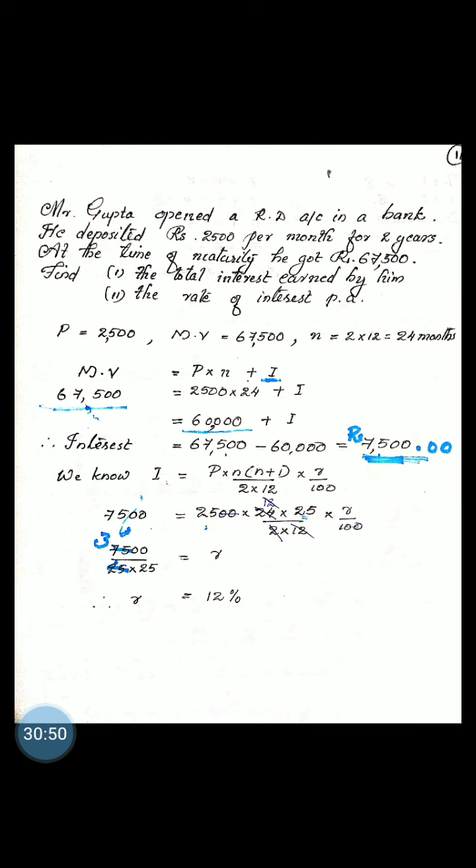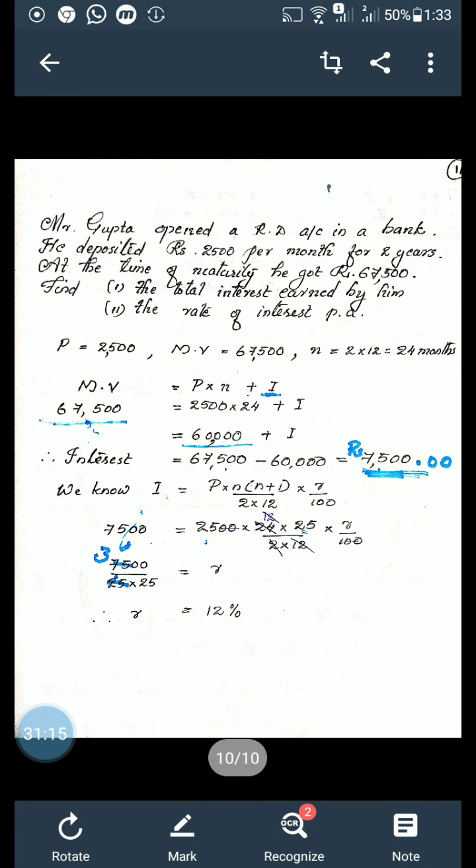Then in that question we want to find the rate of interest also. Rate of interest, that is R. So interest is there, that is 7,500. Therefore we know the formula I is equal to P into n into n plus 1 by 2 into 12 into R by 100.